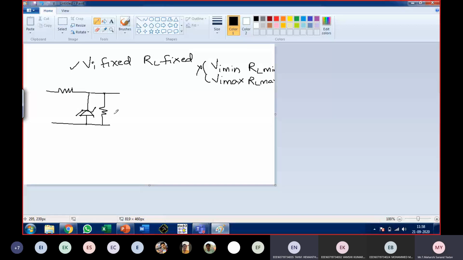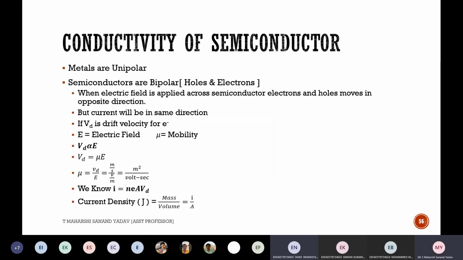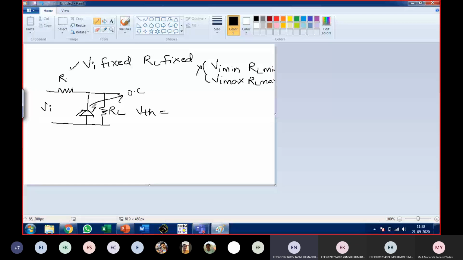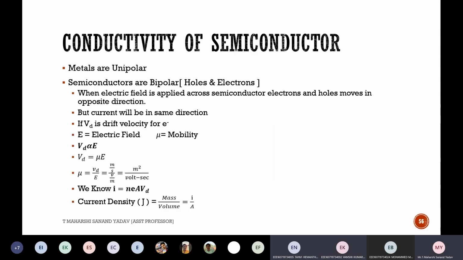Now tell me how to find VTH. First I need to open circuit this. So VTH is equal to total voltage into opposite resistance by total resistance. That's it. This is VTH.